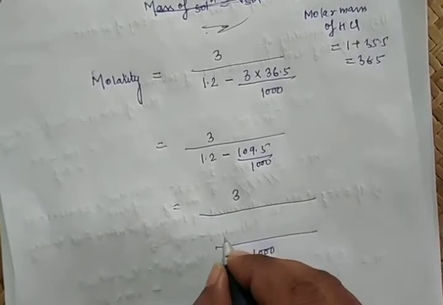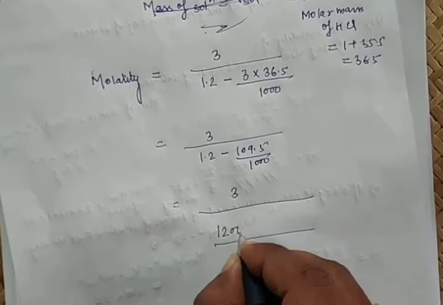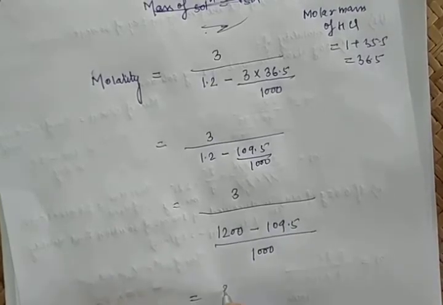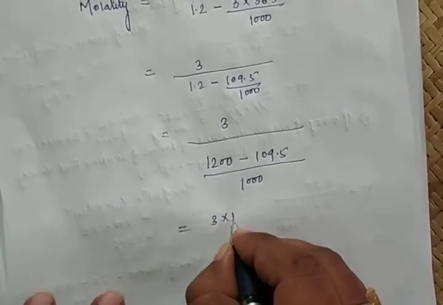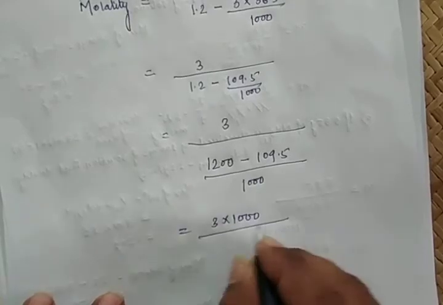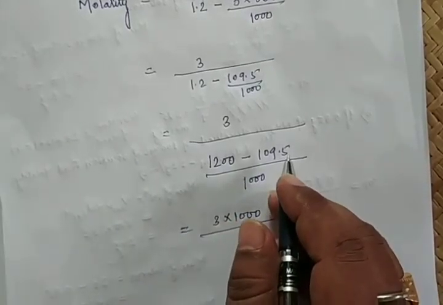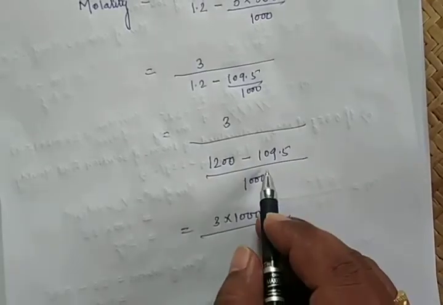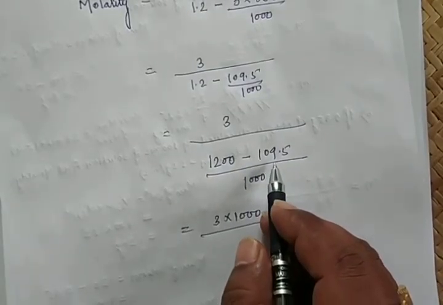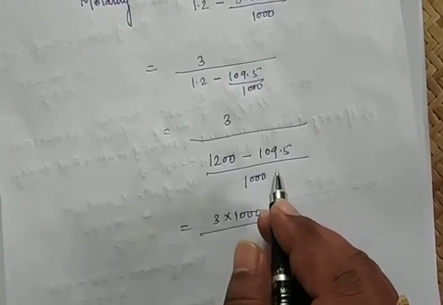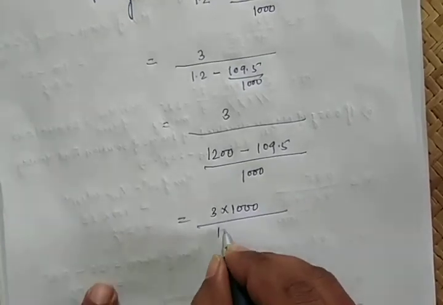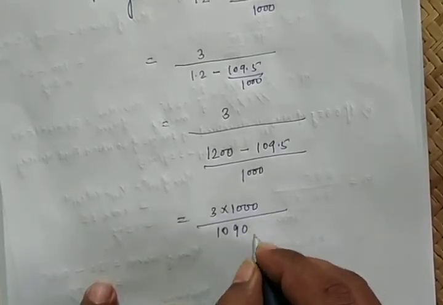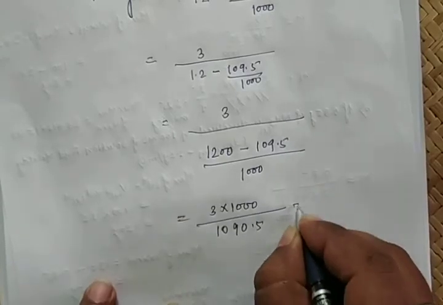So 1000 into 1.2 is 1200, and the same for 109.5. So now 3 into 1000 over 1200 minus 109.5, which is 1090.5.